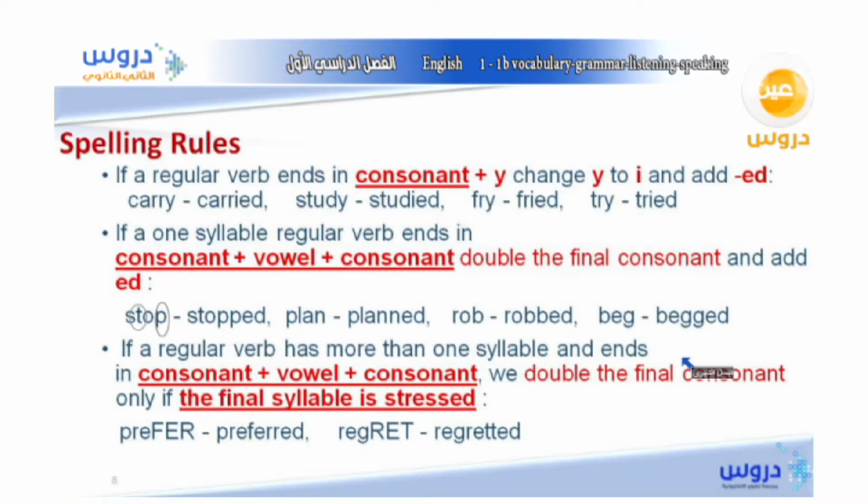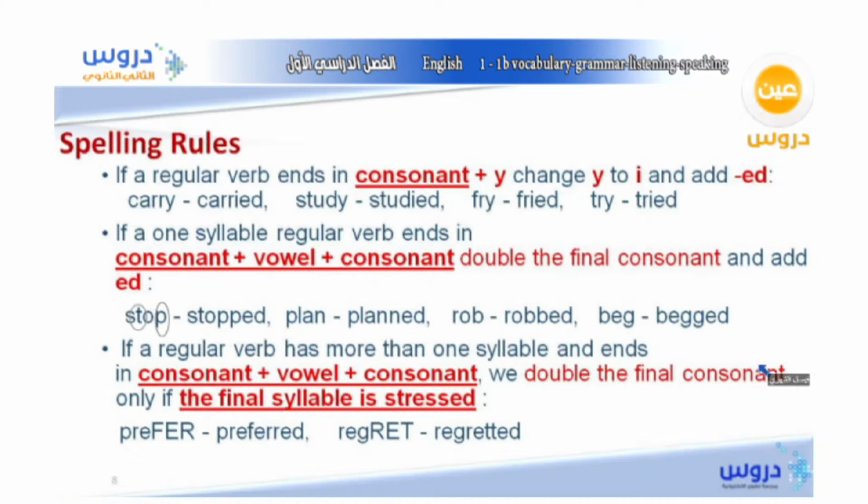These are golden spelling rules. You should know them and keep them in mind. If you face any consonant plus y, delete y, write i, and add -ed. We have examples like carry, study, and try.